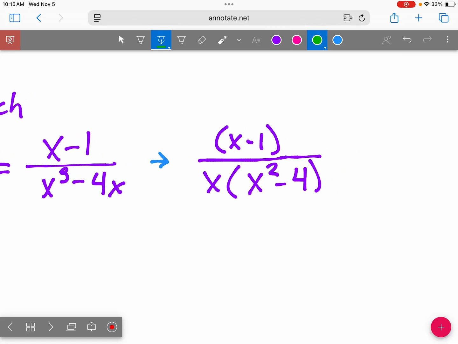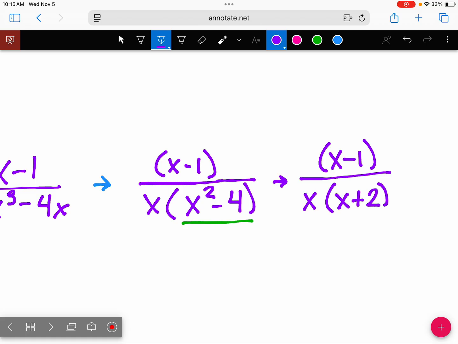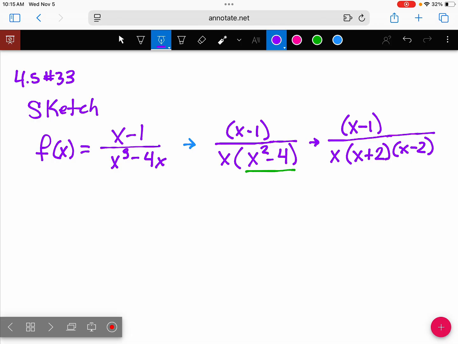Yeah, because this guy is a difference of squares. So we can factor this even more. We've got our x minus 1 over x times x plus 2, x minus 2. So there's a lot of pieces here.